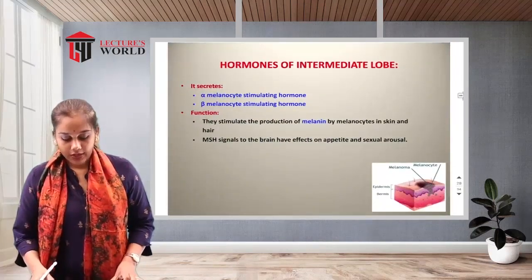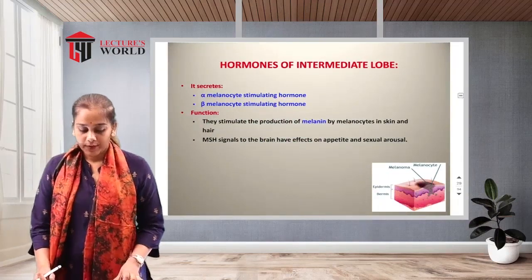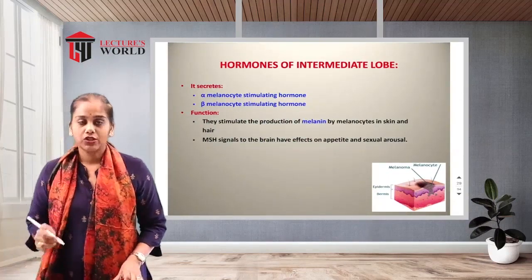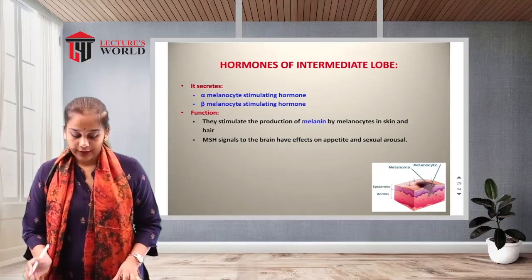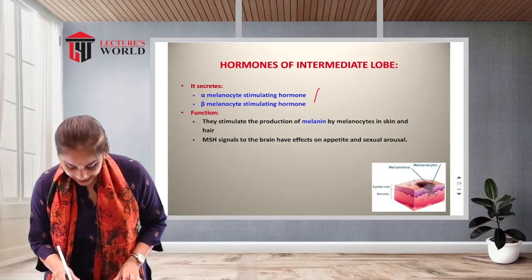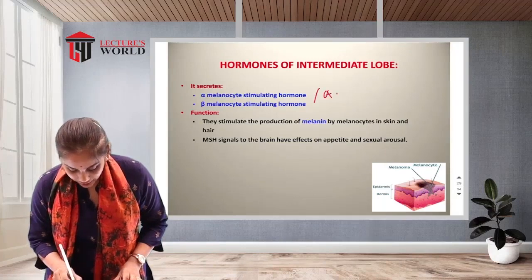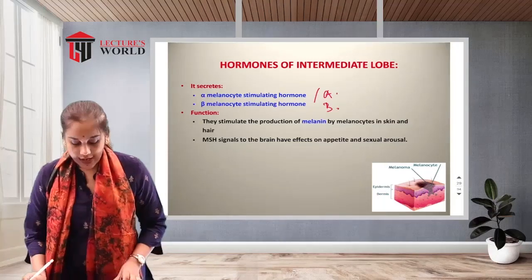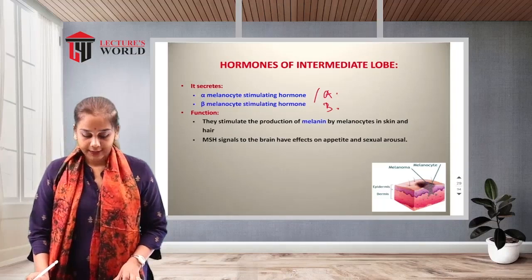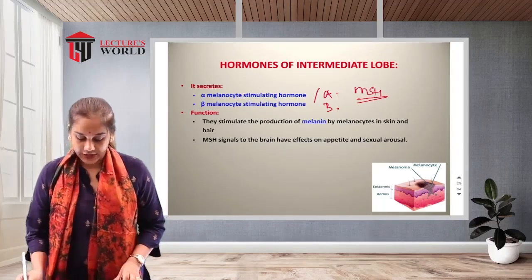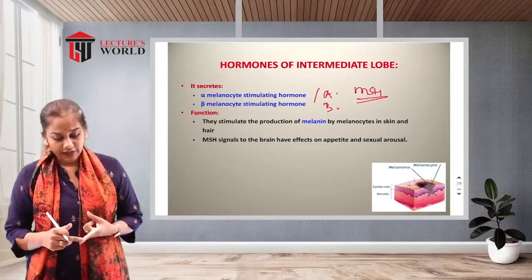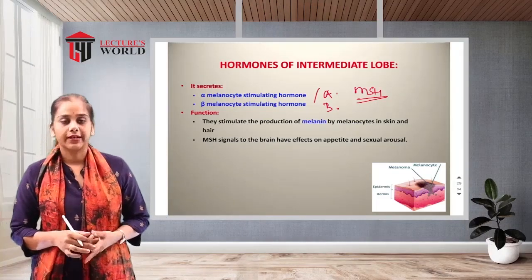Now let us see the hormones of the intermediate lobe. There are two major hormones: alpha melanocyte stimulating hormone, also represented as MSH, and the second one is beta melanocyte stimulating hormone.